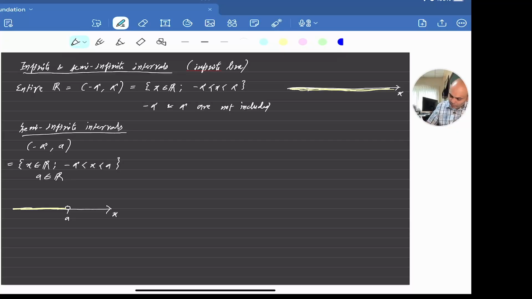And the next case is the half open interval, where we include a, so where a is included in the set, x less than or equal to a, and now we are including a, so we draw a solid circle and all points to the left of a are included.